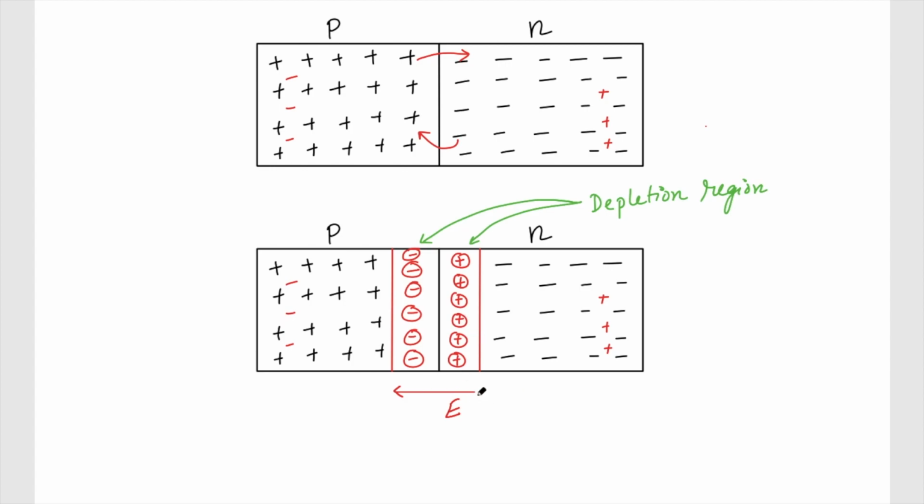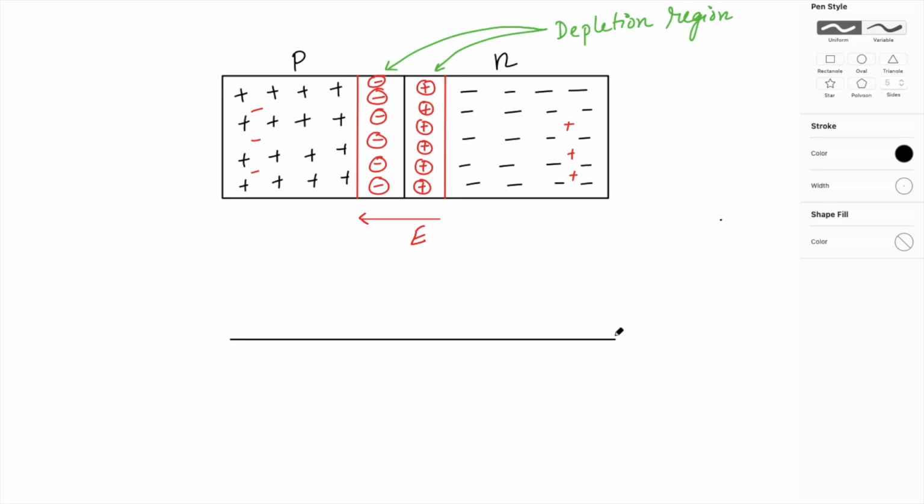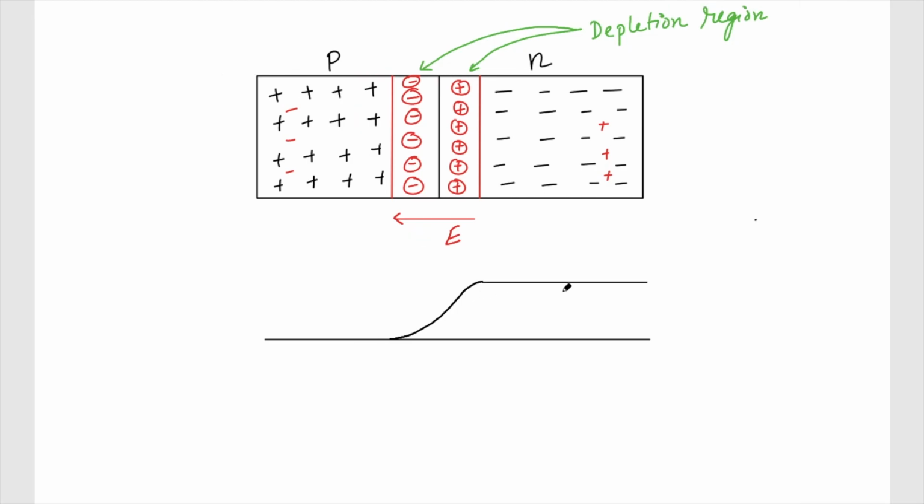So this is called a barrier. So it will create a barrier potential, something like this. So this barrier potential will prevent the further diffusion.